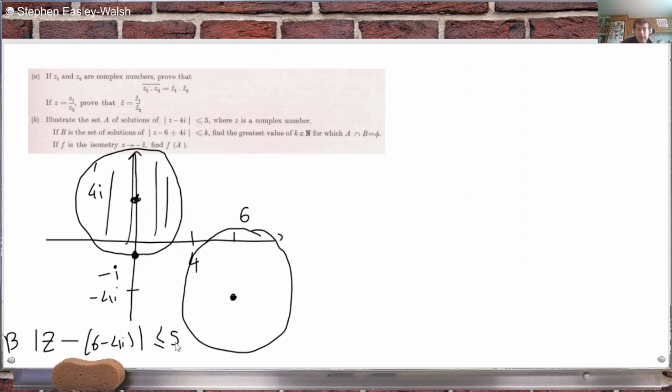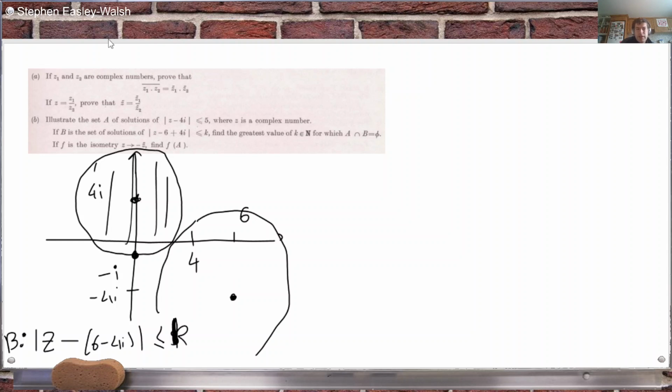If it was 5. But actually it's not 5, it's k. So we need it to be just about no intersection. So they just about touch is what's happening here.